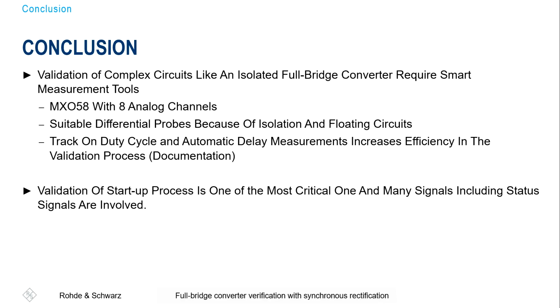And the additional automatic measurement functions we have in our instruments can really make life easier when you want to measure delay, dead times, and so on, and really increase the efficiency. Also when you want to document your system or your verification process. And that is typically also part of the design.